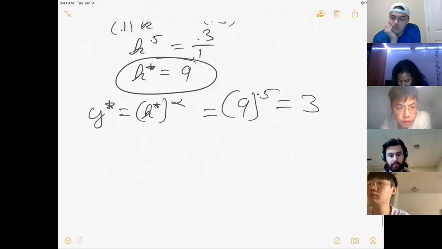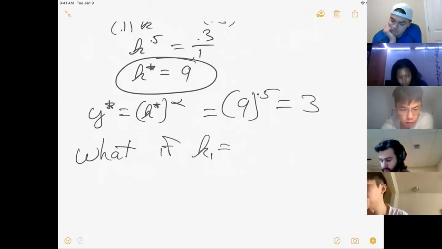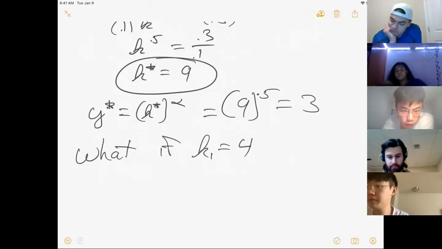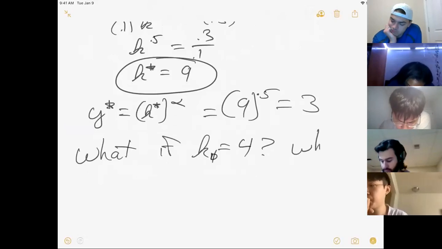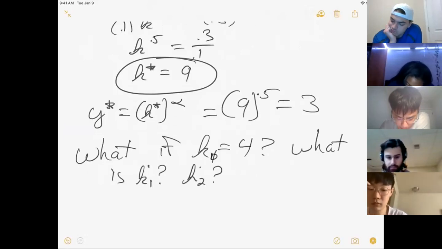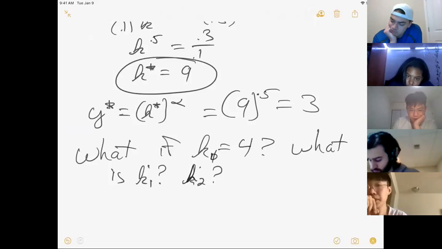Let's do a second part of this. What if we start at a capital stock equal to 4? What's the change in capital in period 1? What's the change in capital in period 2?